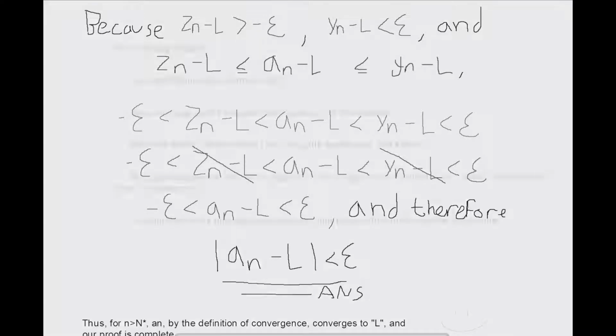So we can cross out in this next line what composes the lim inf and the lim sup, and then we are left with negative epsilon is less than or equal to a sub n minus L, which is less than epsilon, and therefore the absolute value of a sub n minus L is less than epsilon. Thus, for n greater than n star, a sub n, by definition of convergence, converges to the limit L, and our proof is complete.